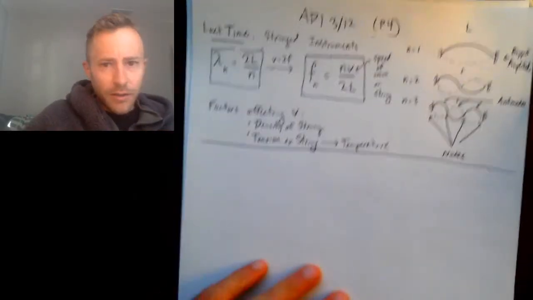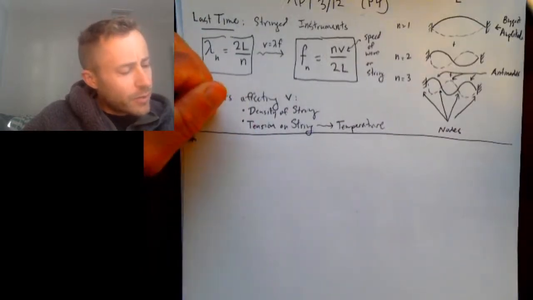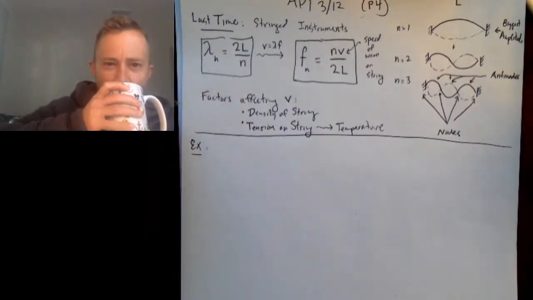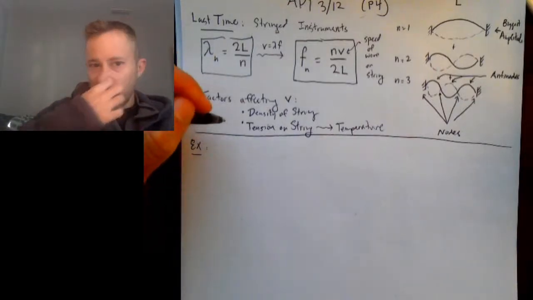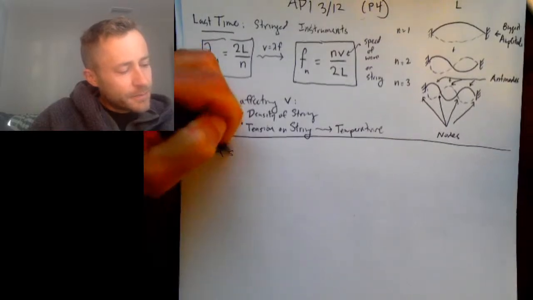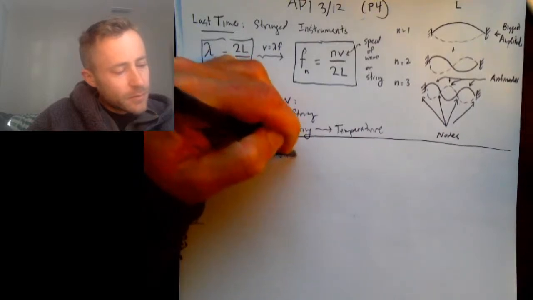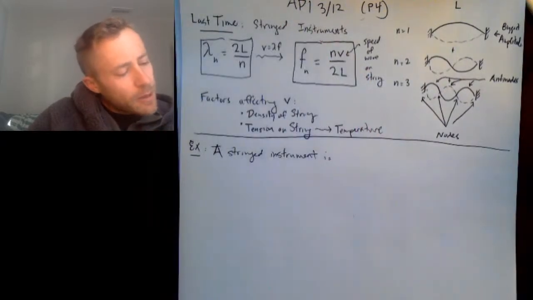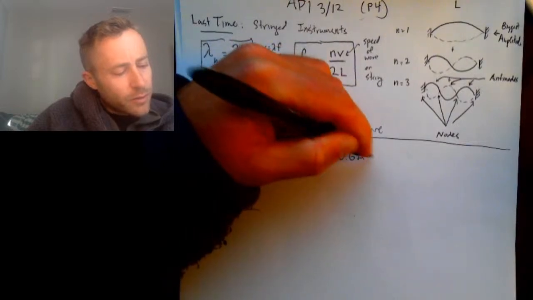Okay? So let's go ahead and do an example with this. Let's suppose that a stringed instrument is, let's say, 0.6 meters long.